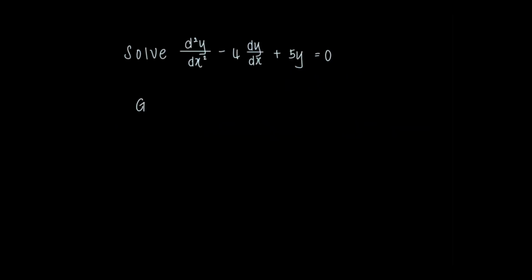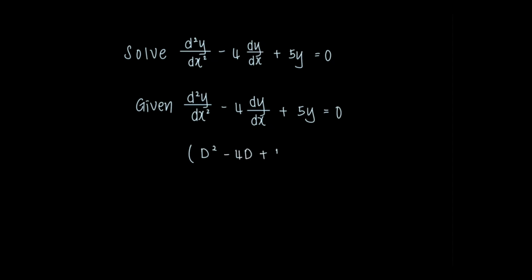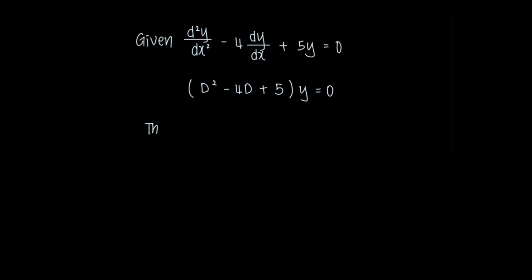How to solve this equation? From the given equation, the equation is d2y over dx2 minus 4 dy over dx plus 5y is equal to 0. From the equation given by the question, we know (D squared minus 4D plus 5)y is equal to 0. Then we need to find the auxiliary equation.